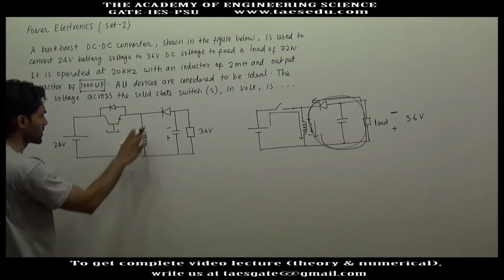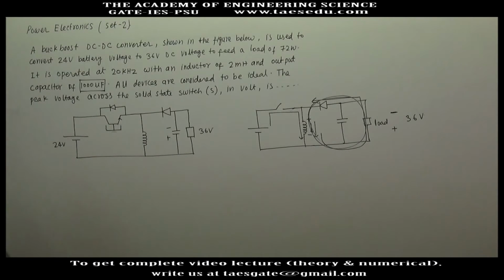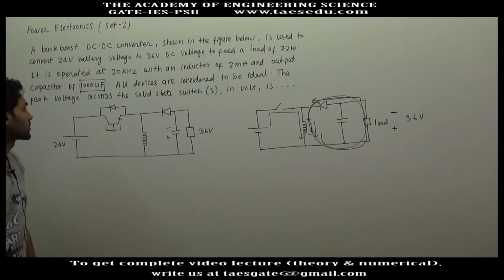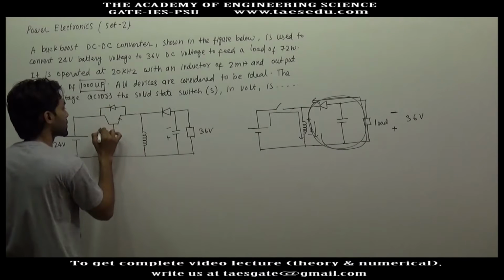When the switch is conducting, the voltage across the switch will be 0 because it is conducting, and the switch is ideal, so there will be no voltage drop. Current flows in this direction through the switch.